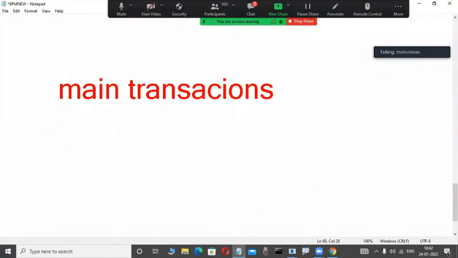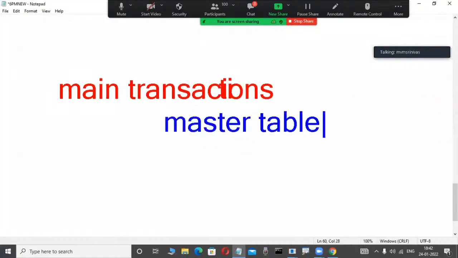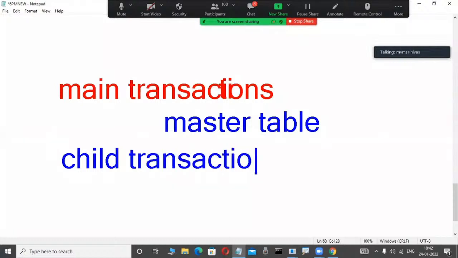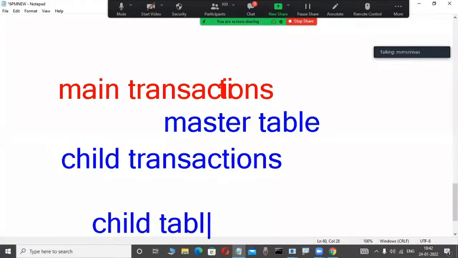Main transactions are stored in a master table. Again, related child transactions in real-time projects are stored in a child table. For example, main transactions are stored in a master table, and related child transactions are stored in a child table, or detail table.